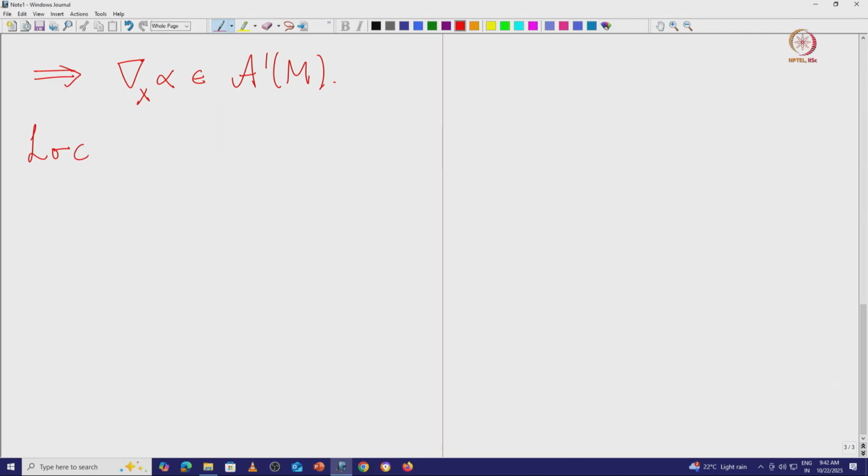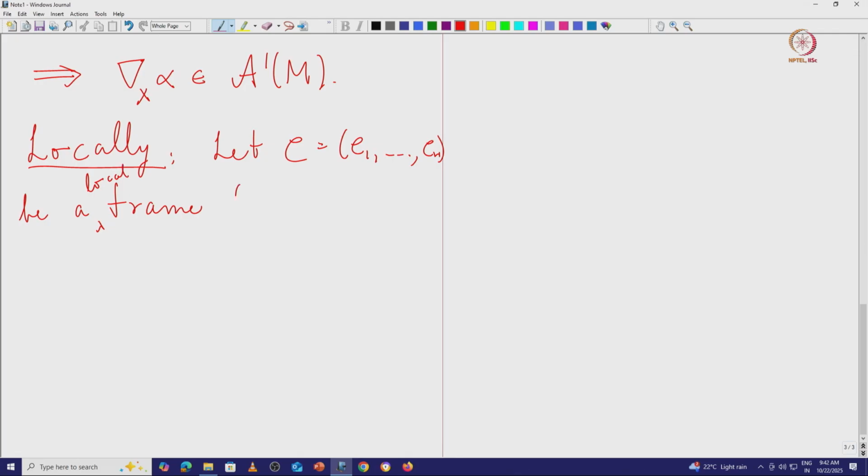So locally, let's see what this looks like. Let's say I have a frame. Let E1 up to En be a local frame for the tangent bundle on some neighborhood U, and let epsilon 1 up to epsilon n be the dual basis.